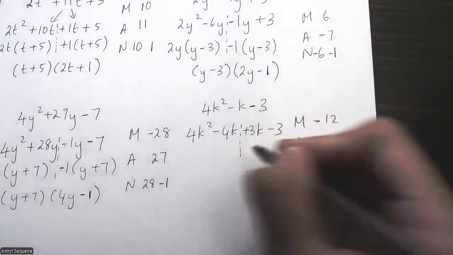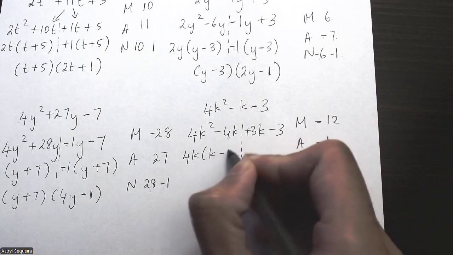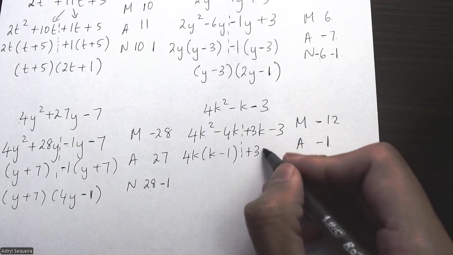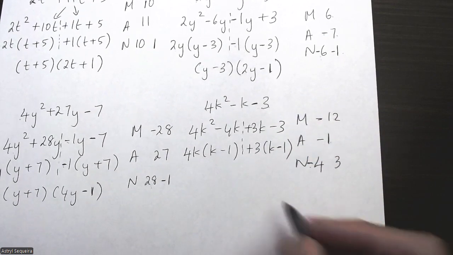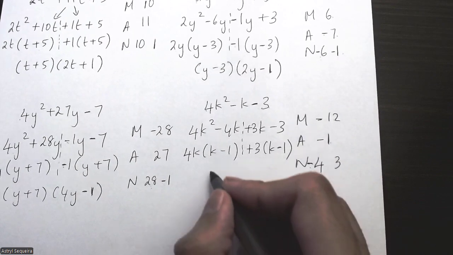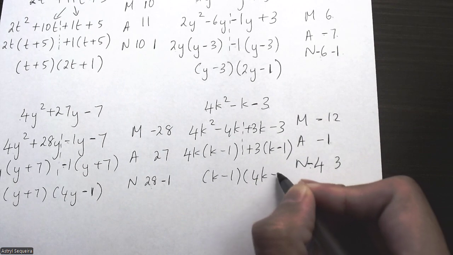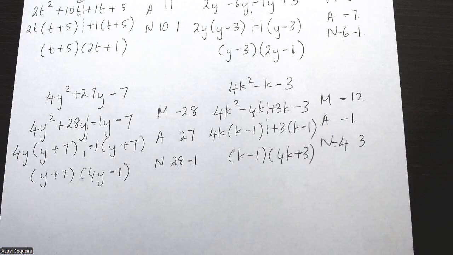And we'll split it down the middle. k minus 1, plus 3, k minus 1. And then my final solution is just k minus 1 times 4k plus 3. And that's how you factor complex trinomials.